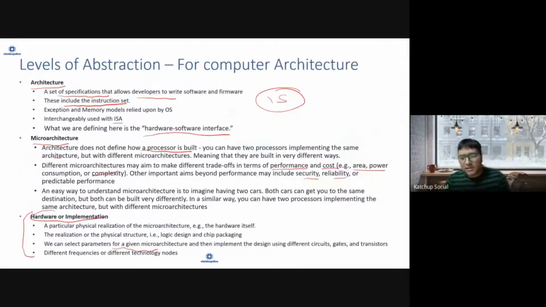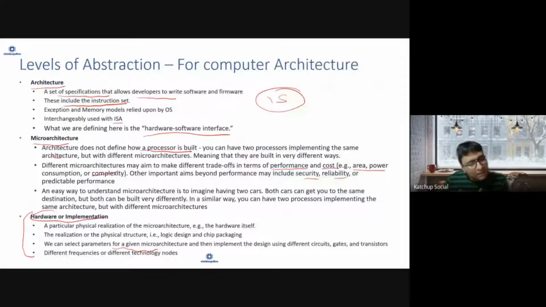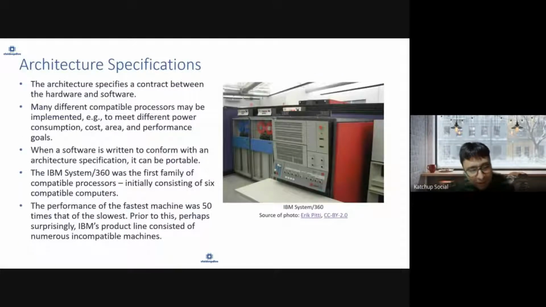Now, what are architecture specifications? We start with the highest level of abstraction, the architectural specification. As I mentioned, it is a kind of contract between hardware and software. It allows developers to write software and firmware. Given the same architecture, many different compatible processors may be implemented.